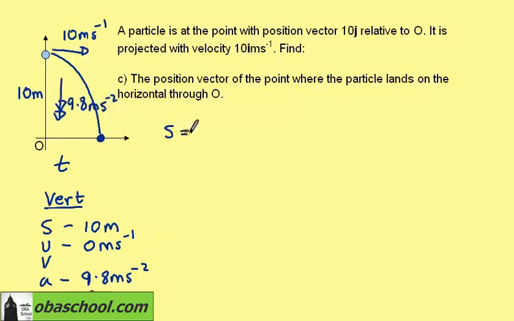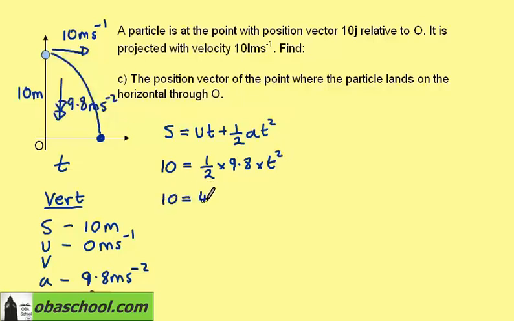We can use s equals ut plus a half at squared, and then 10 is equal to 0, since u is 0, plus a half times 9.8 times t squared.